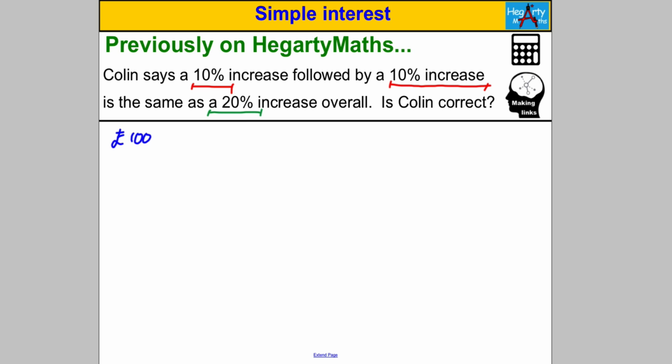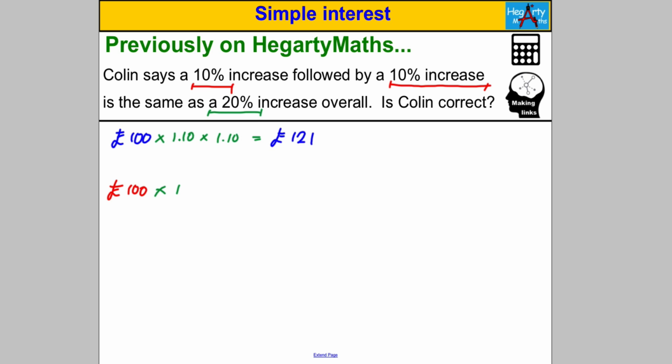So to increase something by 10%, we multiply by the decimal multiplier 1.10, and by a further 10%, we multiply again by 1.10. If you tap that in your calculator, you will get yourself the answer, £121. If, on the other hand, we do it the way of just a 20% increase in one move, so we start off with our £100, and this time we're going to multiply by a decimal multiplier for 20% increase.